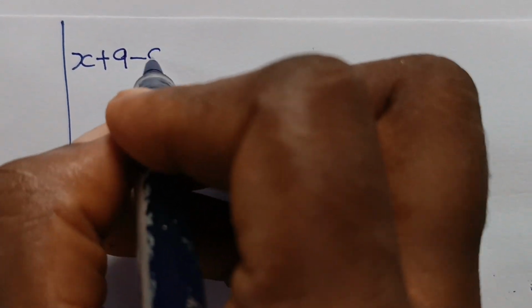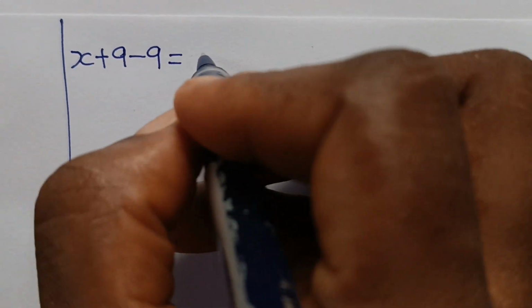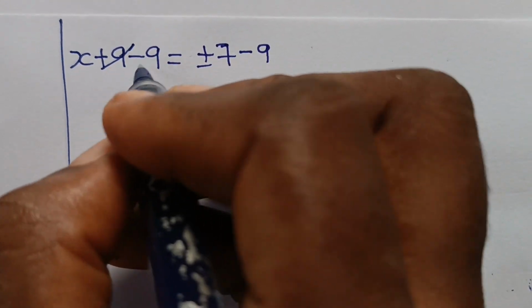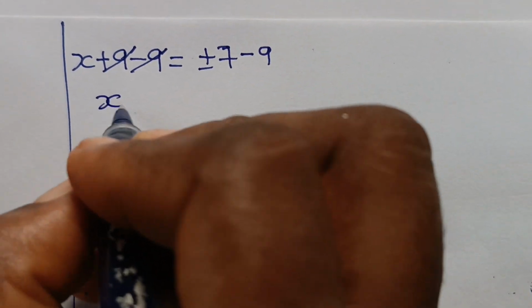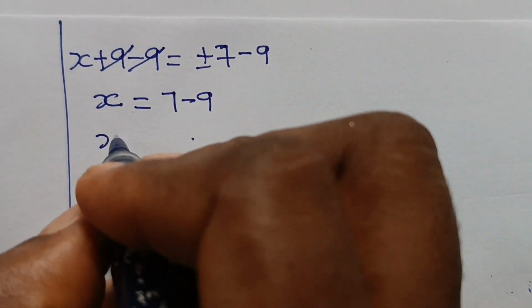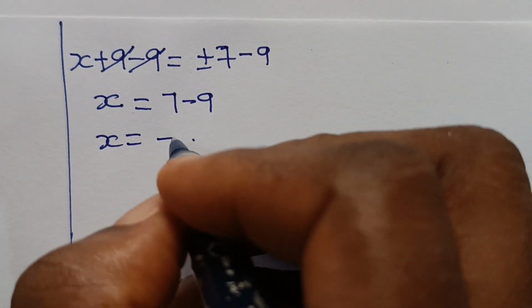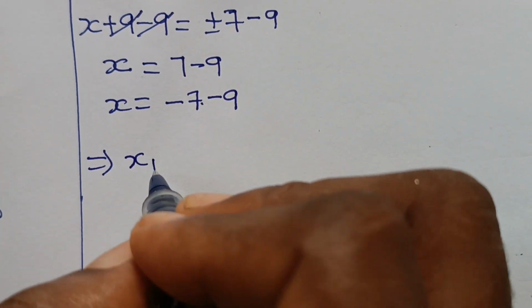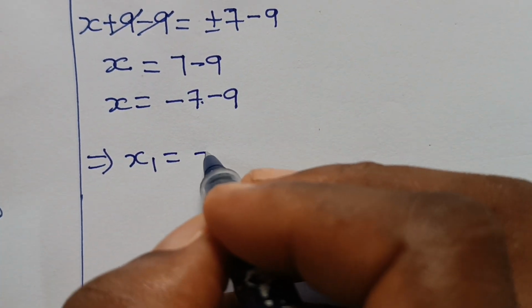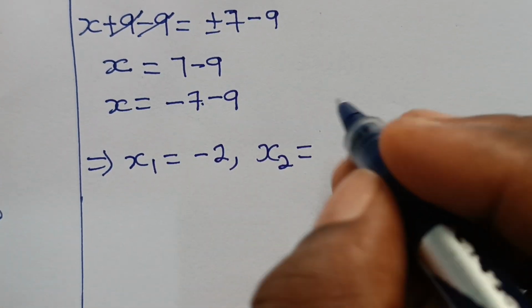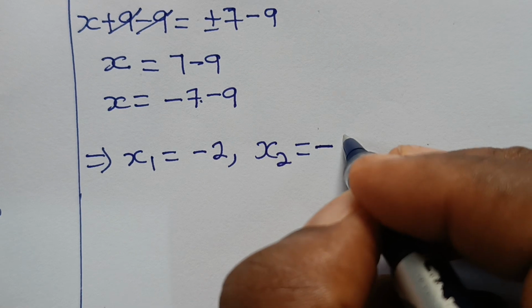So plus 9 minus 9 is 0. We have x is equal to 7 minus 9, or x is equal to minus 7 minus 9. Okay, so this implies that x1 is 7 minus 9, which is minus 2, and x2 is equal to minus 7 minus 9, which is minus 16.